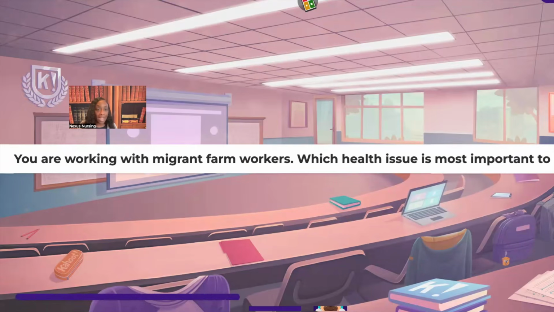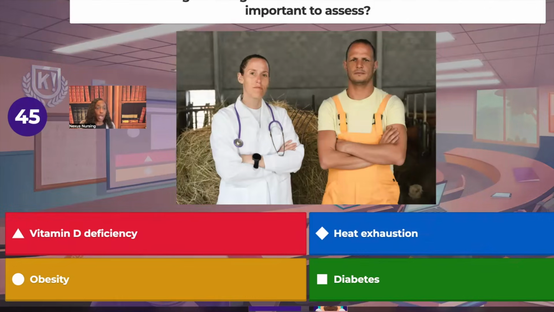Okay, you're working with migrant farm workers. Which issue is most important to assess? Would it be vitamin D deficiency? Would it be heat exhaustion? Would it be obesity or would it be diabetes?